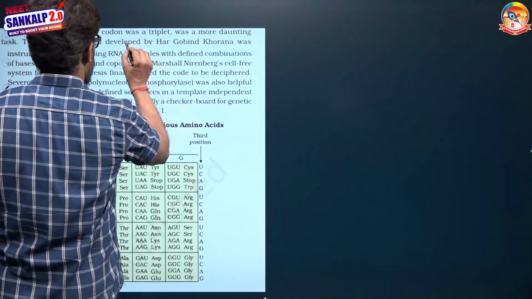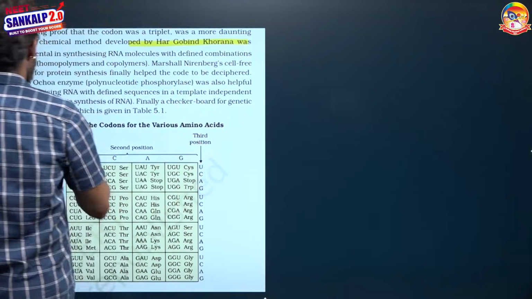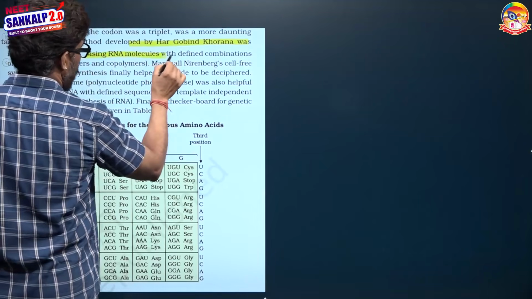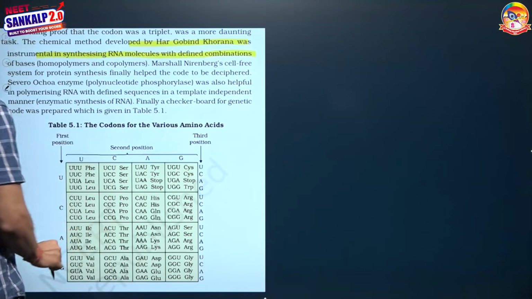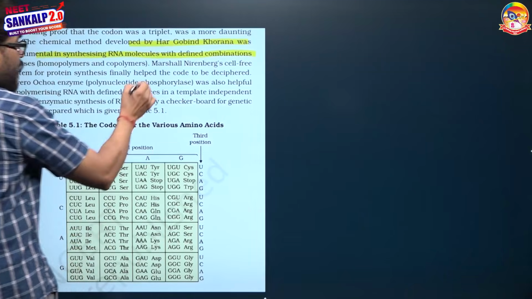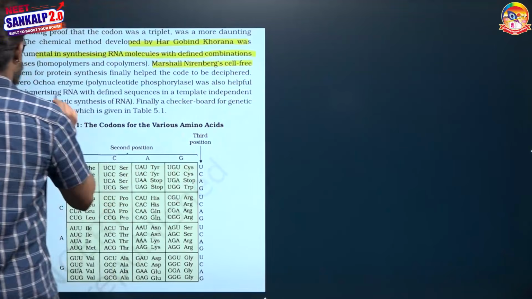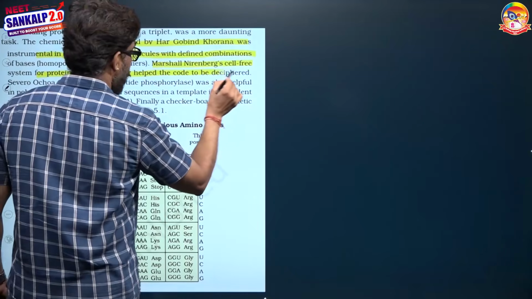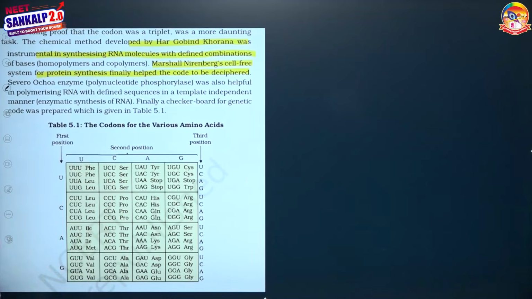Dr. Har Gobind Khorana was instrumental in synthesizing RNA molecules with defined combinations of the bases, meaning artificial RNA synthesis. Marshall Nirenberg used a cell-free system for protein synthesis so that the genetic codes could be deciphered.